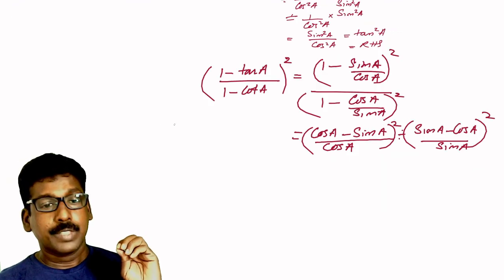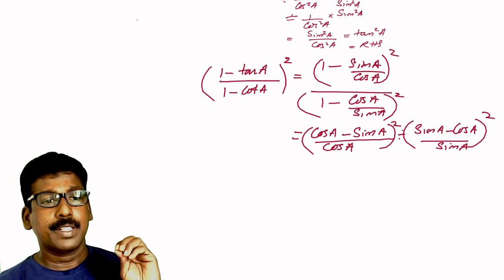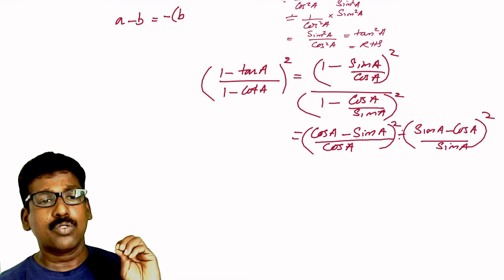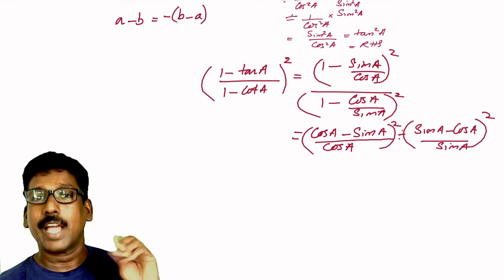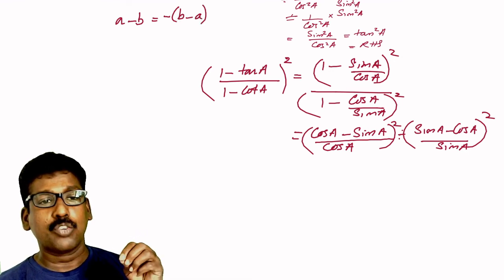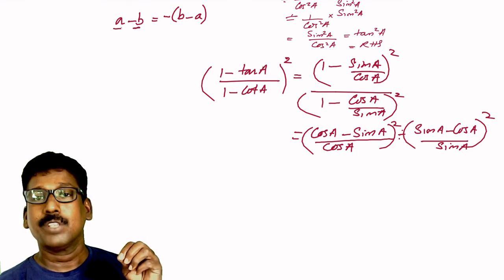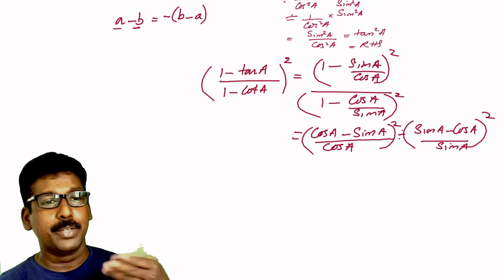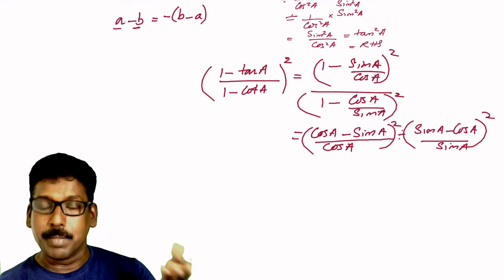Now a minus b you can write as minus of b minus a. Am I right? Because minus of b is minus b, minus of minus a is a. That is, a minus b you can write as minus of b minus a.